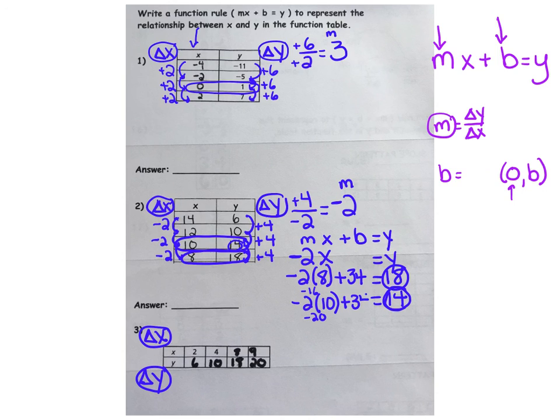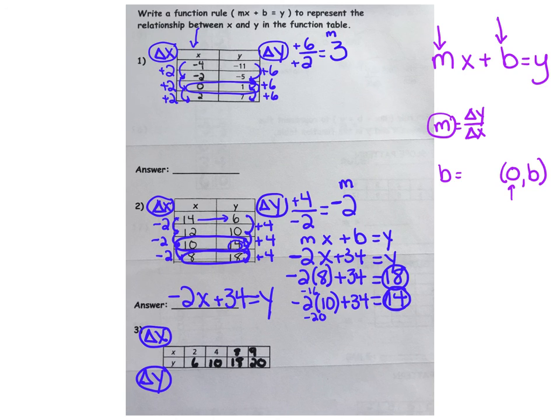Again, it's 34. So that confirms our suspicions. And the equation is negative 2 times x plus 34 equals y. That's how our x's are connected to our y's for this particular table.